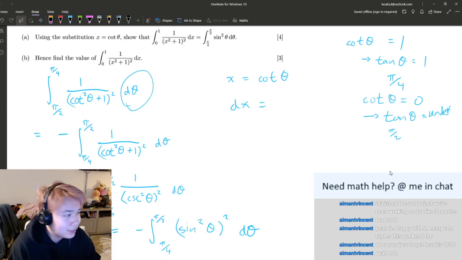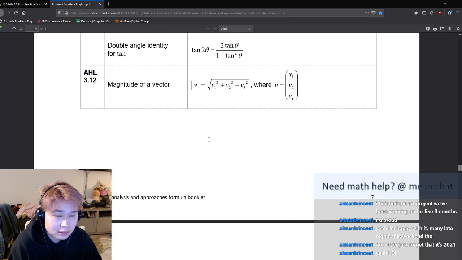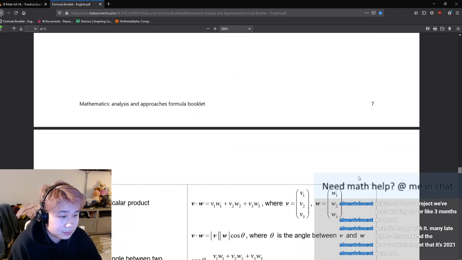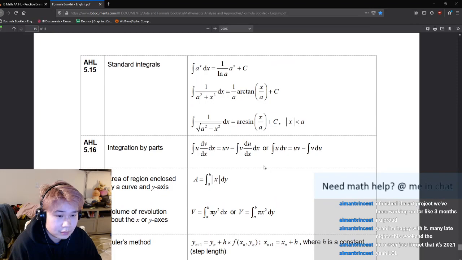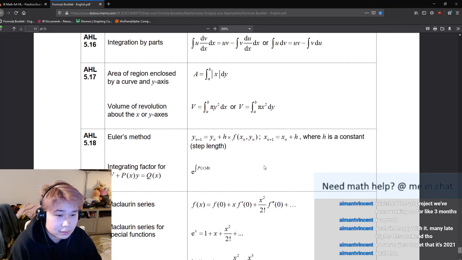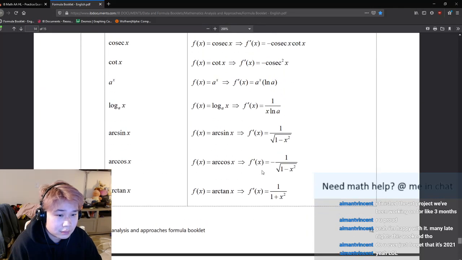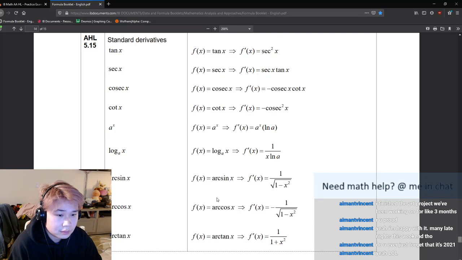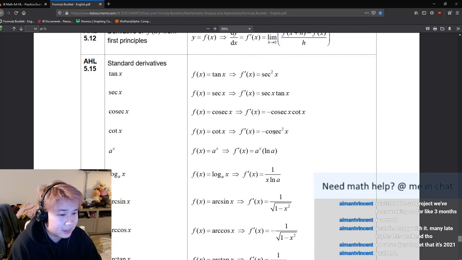Oh my gosh, I should have known that when I was changing this. Derivative of cotangent is what? 1 over secant squared? Negative. Okay, see, everything's falling into place now.